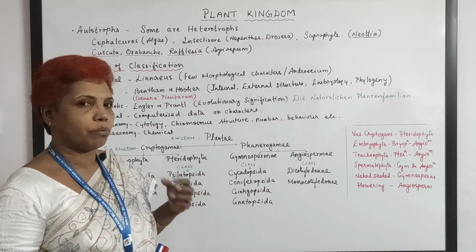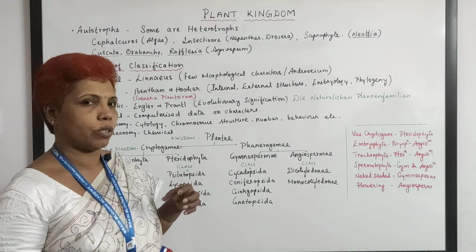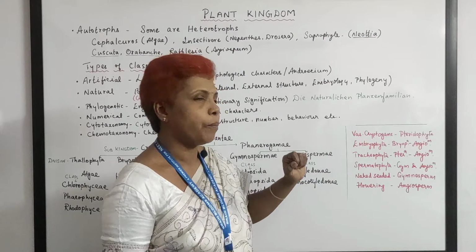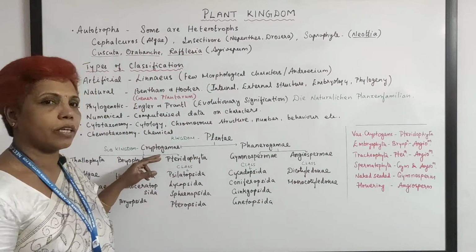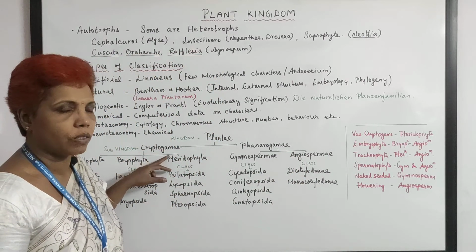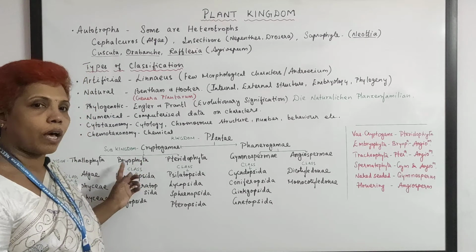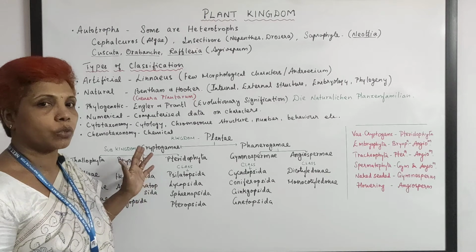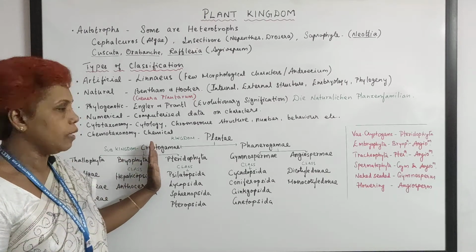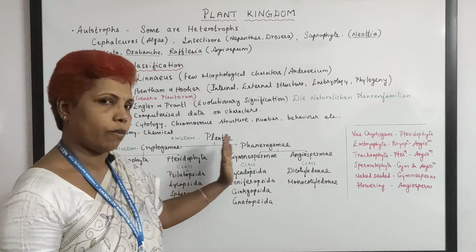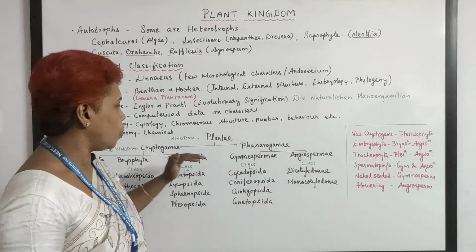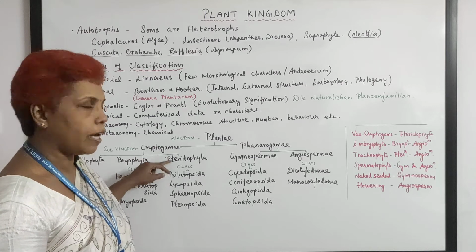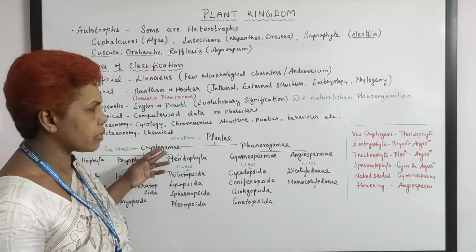In this, the most important thing I wanted to tell from the exam point of view is, here I have written cryptogams, non-seeded plants. You have non-vascular cryptogams, that is thallophyta and bryophyta. There is no vascular tissue up till this. From pteridophyta only you have vascular bundles. So pteridophyta are called vascular cryptogams.